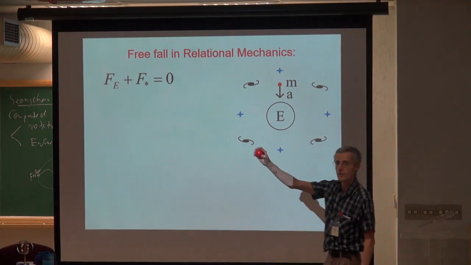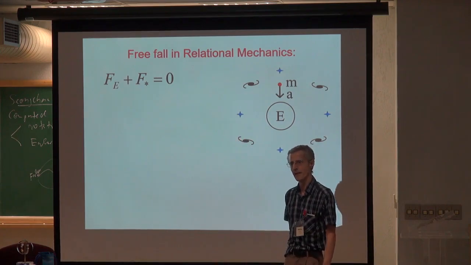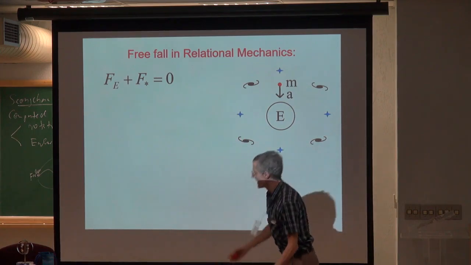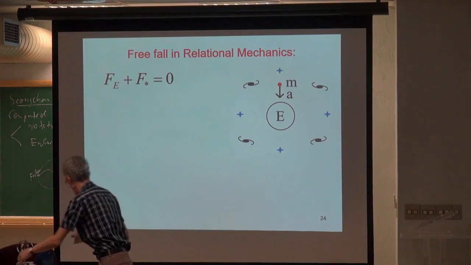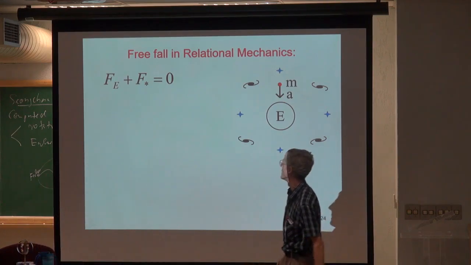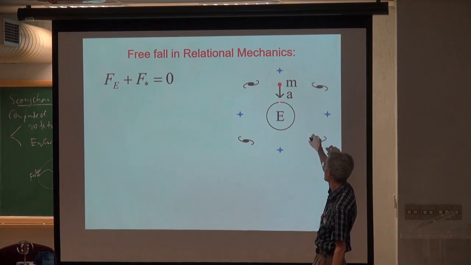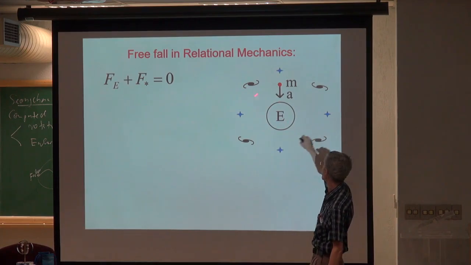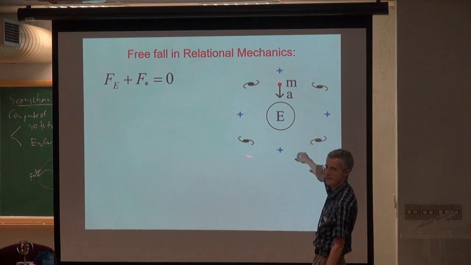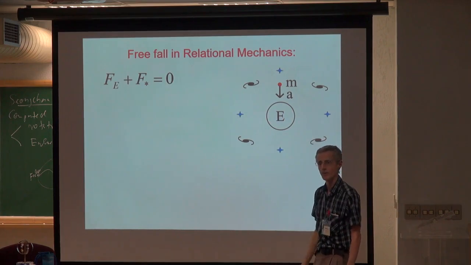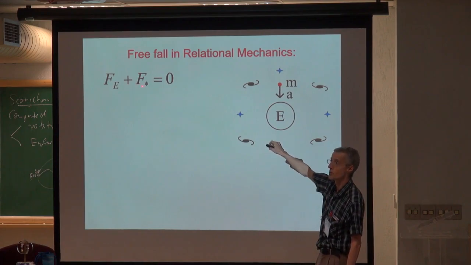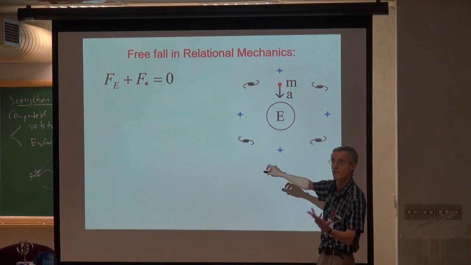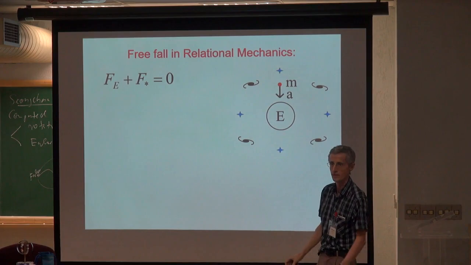So now I will discuss once more the free fall of the apple. What are the forces acting on the apple? The sum of forces equals 0: the force of the earth acting on the apple and the force of the stars and galaxies acting on the apple. According to Newtonian mechanics, this term goes to 0. But with relational Weber, it doesn't go to 0.